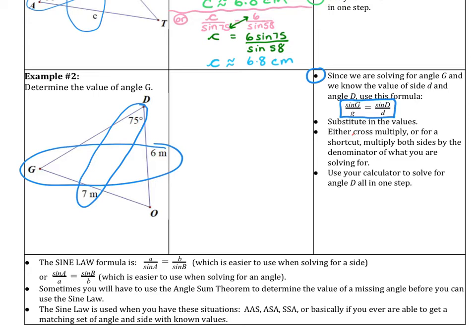Since we're solving for angle G, it's going to be sine G over side G equals sine D over side D. So sine of angle G over side G equals sine of angle D over side D.